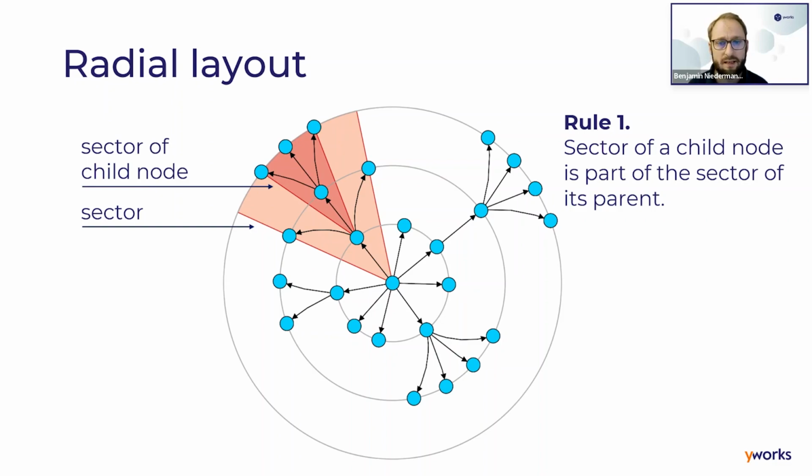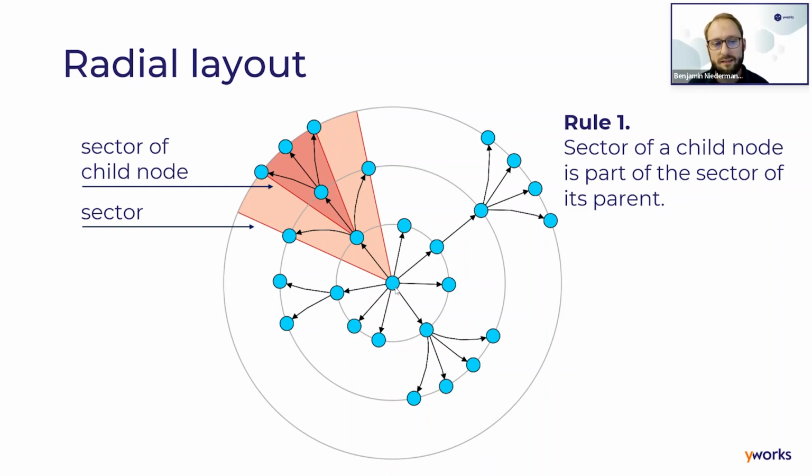We have a rule, namely that the sector of a child node, for example this sector, should always be contained in the sector of its parent node. And this gives us directly a structure on the radial layout, and this is also why we call it a radial layout.